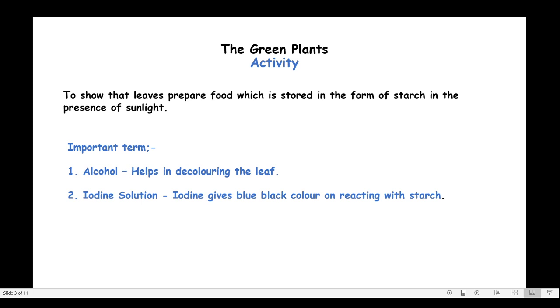We do this activity in school, testing the presence of starch in various food items by putting drops of iodine over them, but since we cannot perform that activity right away, we'll just go through how it is done.